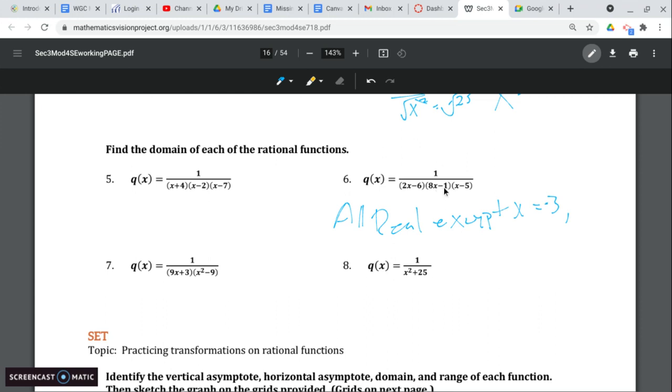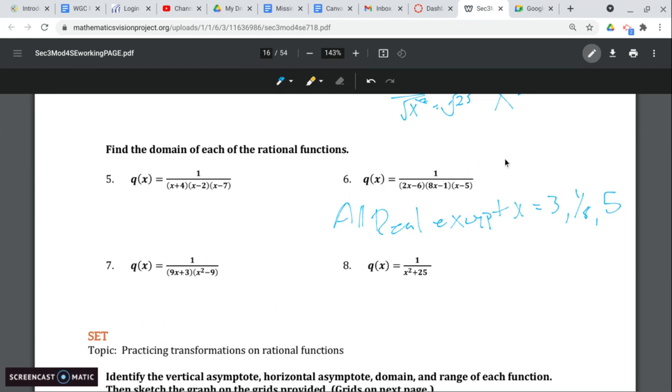x equals 1/8. And x equals 5. So these are all the cases where if we plug in these values, 2 times 3, actually that should be a +3, not a -3. Sorry. 2 times 3 is 6. 6 minus 6 is 0.